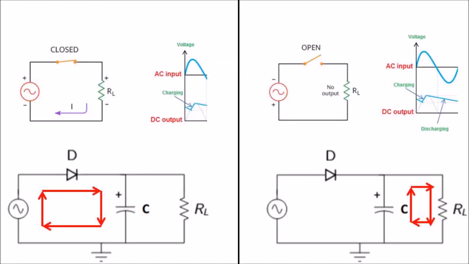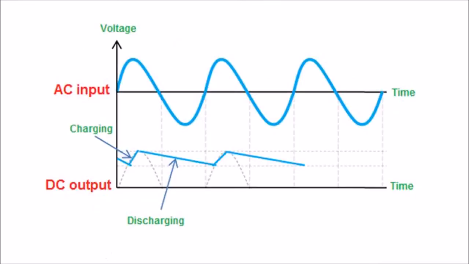So my dear students, in this lecture we discussed how to smooth the pulsating DC signal of a half-wave rectifier. As we mentioned, for this purpose we used a filter circuit. During the positive half cycle, the diode D is forward biased and the capacitor C charges.